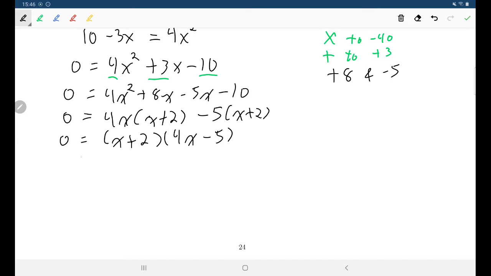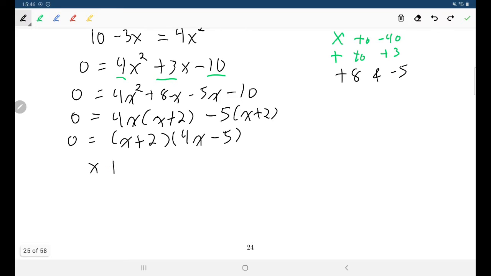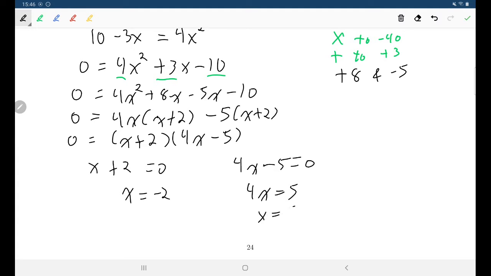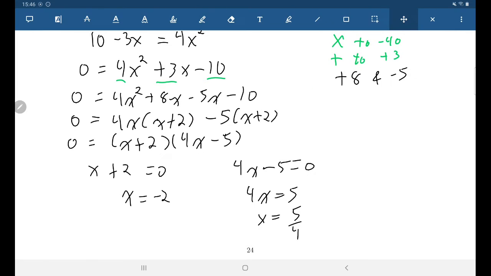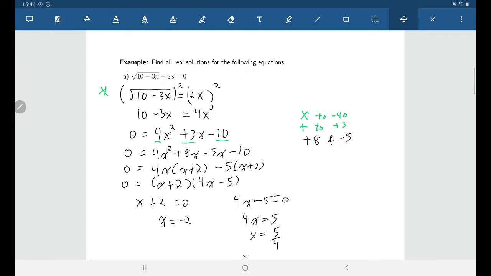We come up with either that x plus 2 is 0, where x is negative 2, or 4x minus 5 is equal to 0, so x is 5/4.